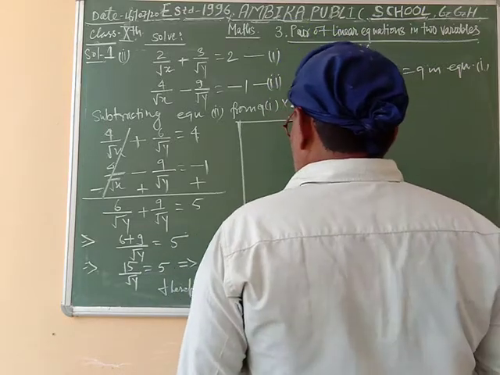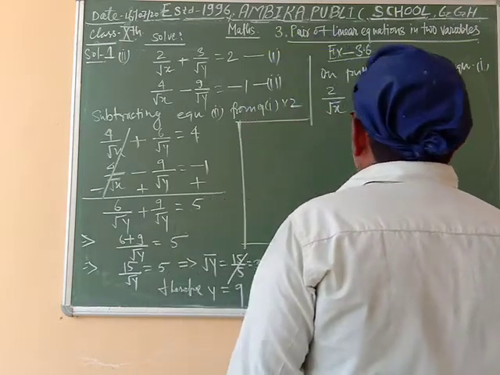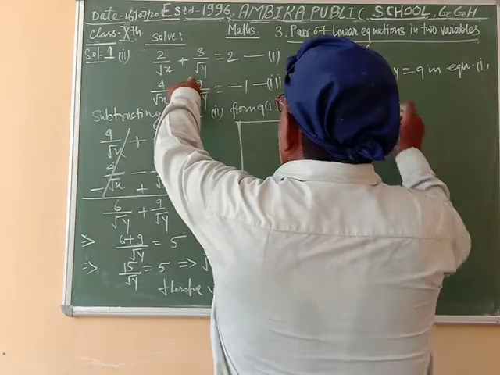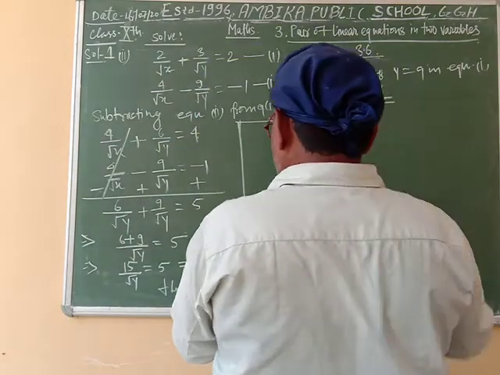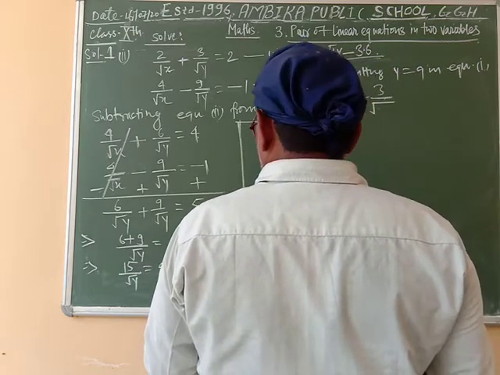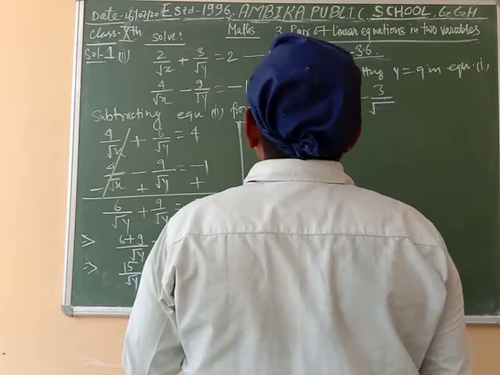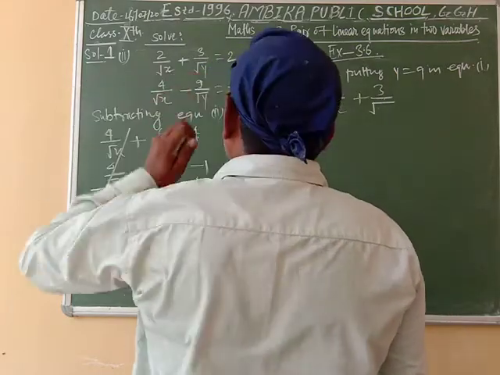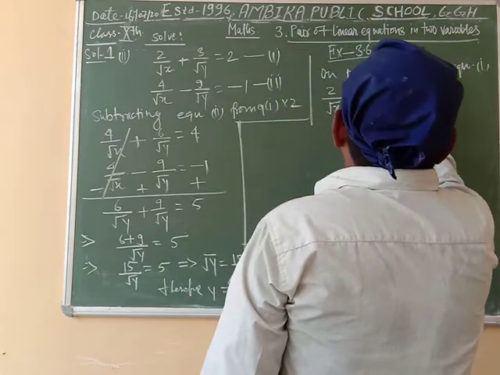Root y is equal to root 9, which is 3. So 3 by 3 is equal to 2.